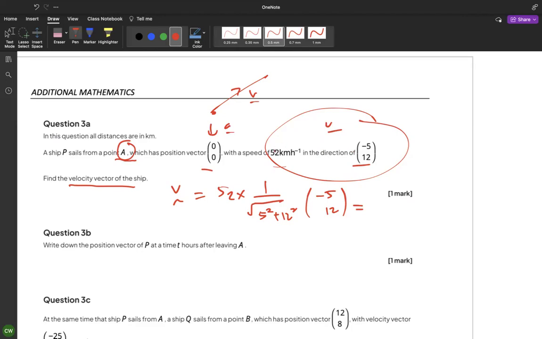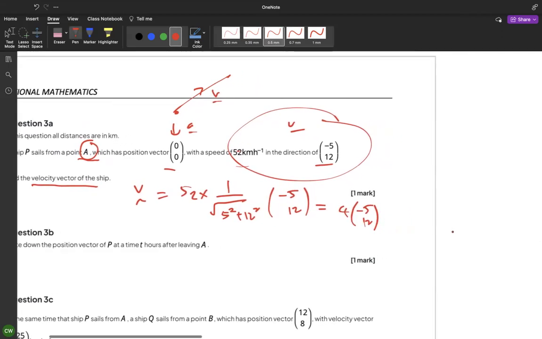Velocity takes the speed multiplied by the unit vector. So 12 divided by 13, and you are going to multiply by 4. Direction would give you the unit vector.